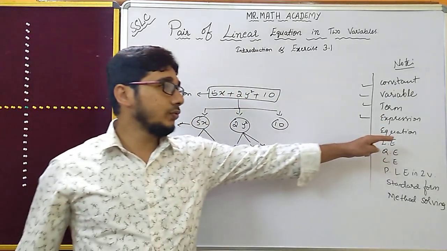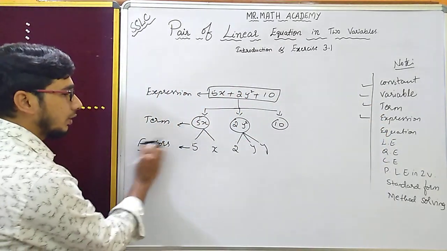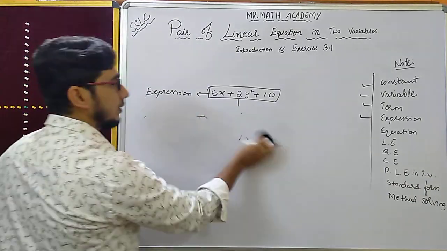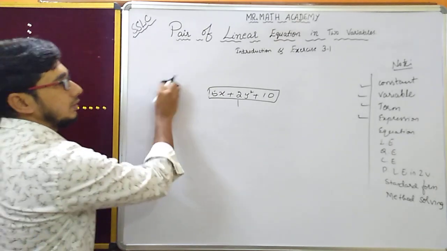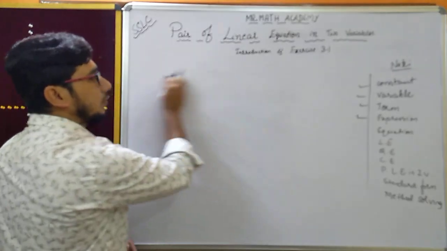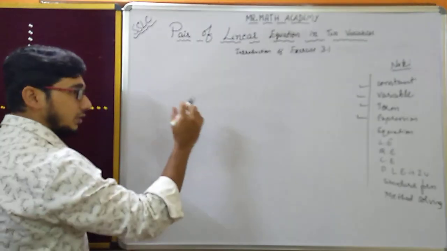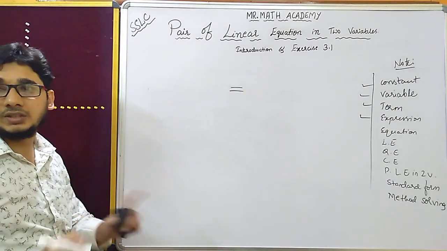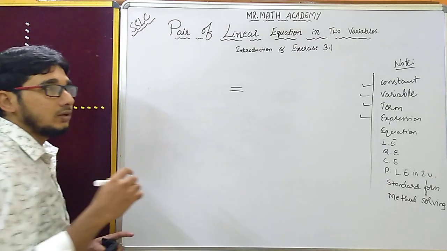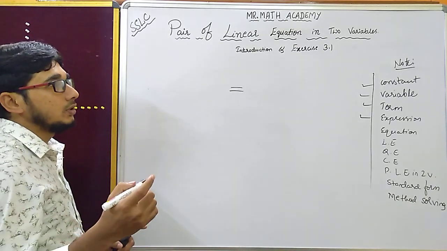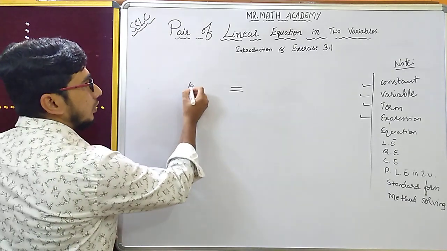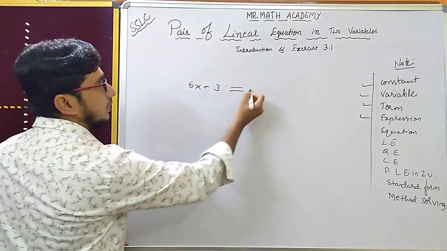Now let us go for equation. So what does equation mean? Equation is something where an equal symbol should be there, and LHS and RHS values should be there. Constant and variable, everything should be there. 5x plus 3 is equal to 10.